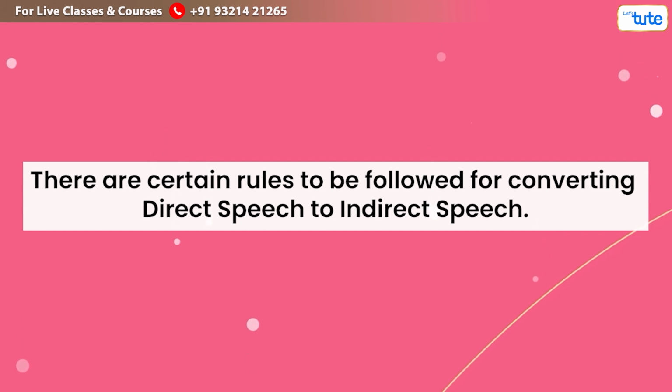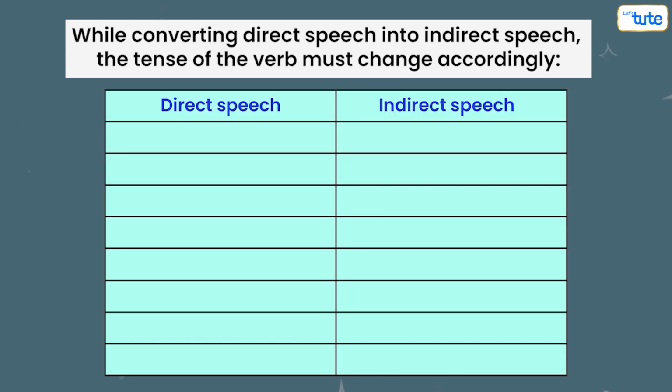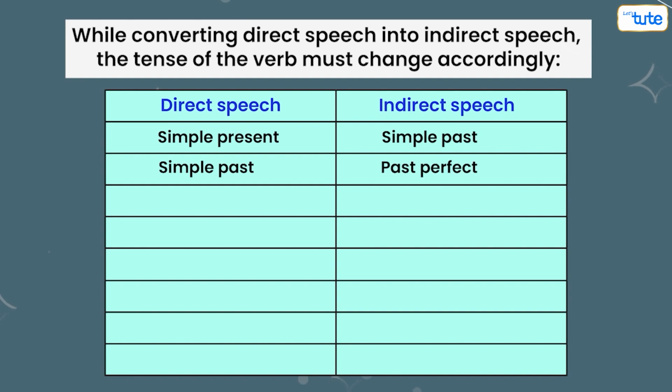So let's start. While converting direct speech into indirect speech, the tense of the verb must change accordingly. Direct speech, simple present tense, changes to simple past in indirect speech. Direct speech, simple past is changed to past perfect in indirect speech. Present continuous tense becomes past continuous.